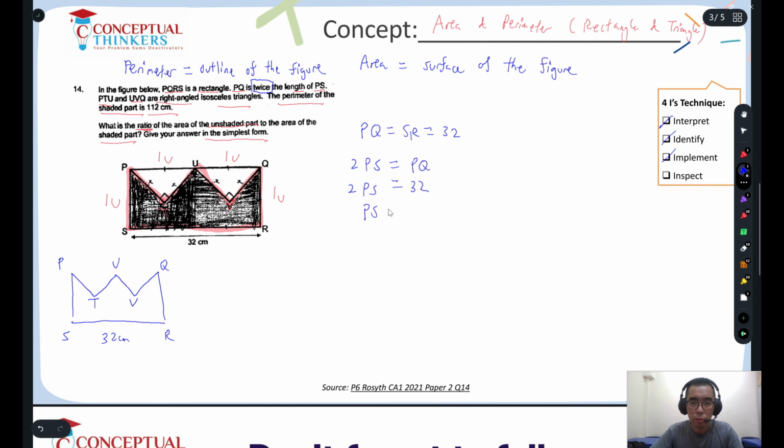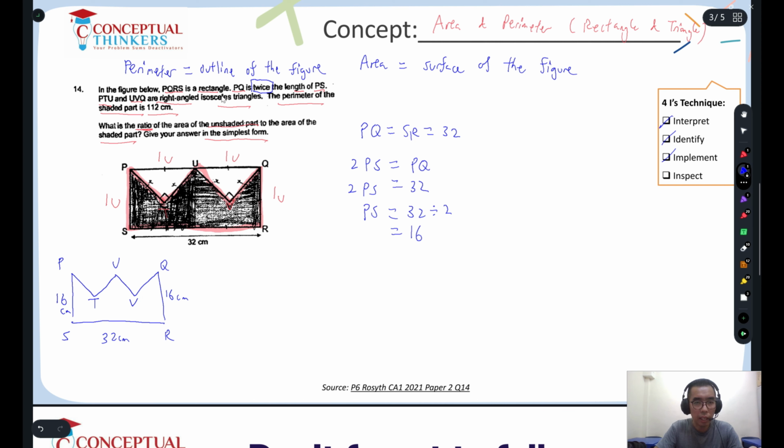So PS will be equal to 32 divided by 2, so we're going to get 16 for PS. I can put 16 cm here. We also can put 16 cm here for our QR, because it's a rectangle, so the breadth will be the same. Next, we need to know what is our PT and TU.